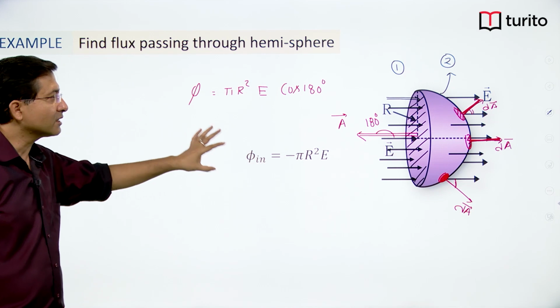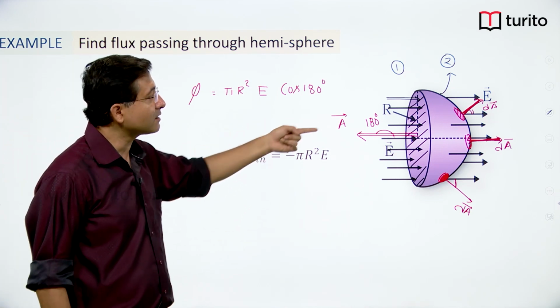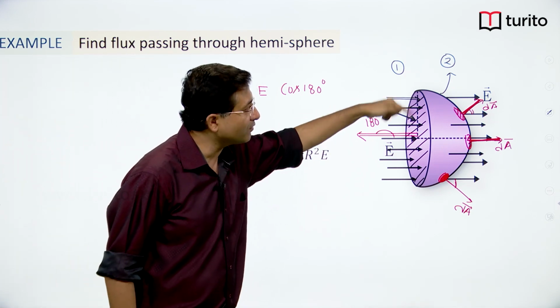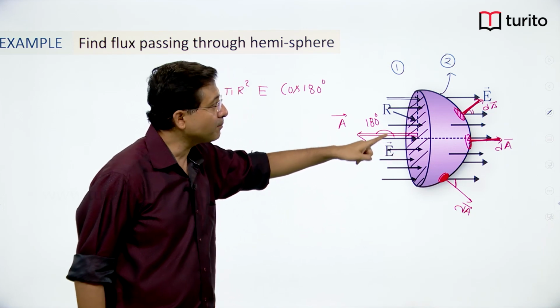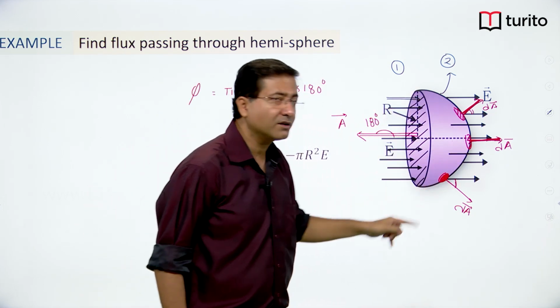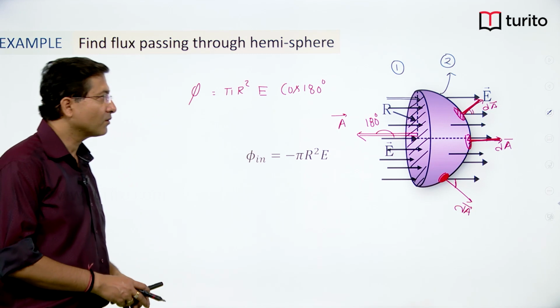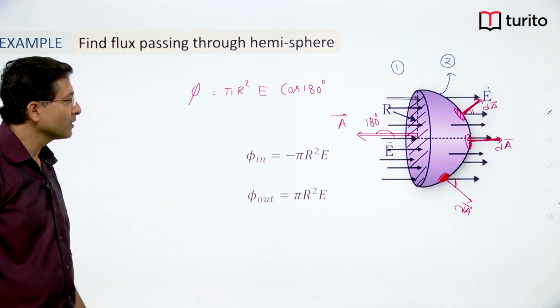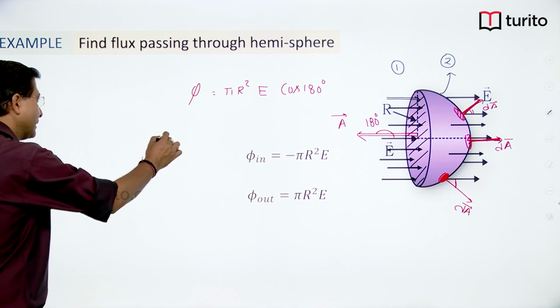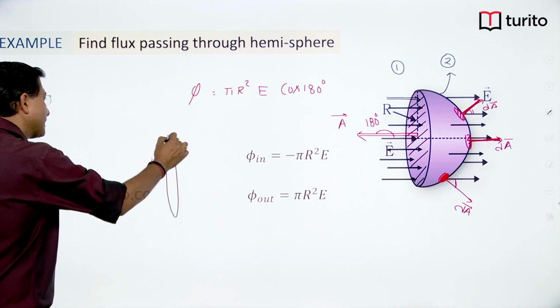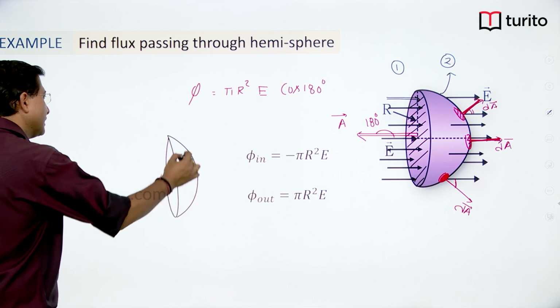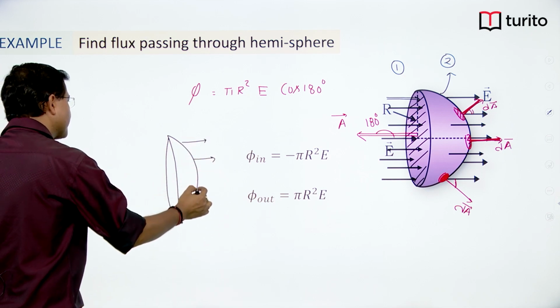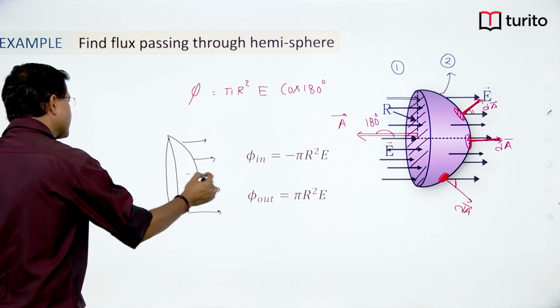So whatever negative flux is associated with this surface, same is the positive flux associated with this surface. So the flux associated with this curved surface is pi r square E. You can also get the flux associated by simple logic. Look at this one, lines will be this way coming out from the surface, right.